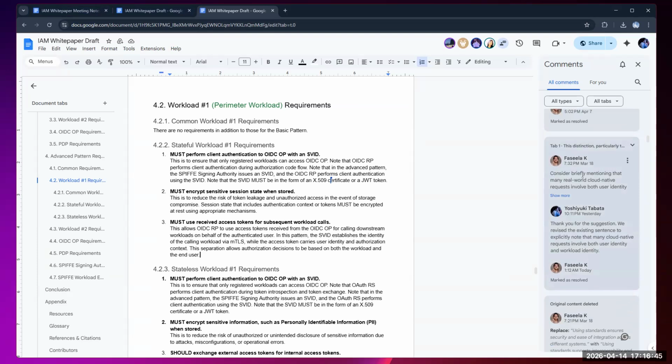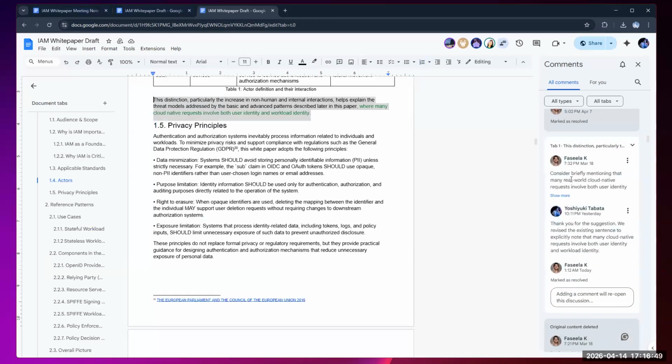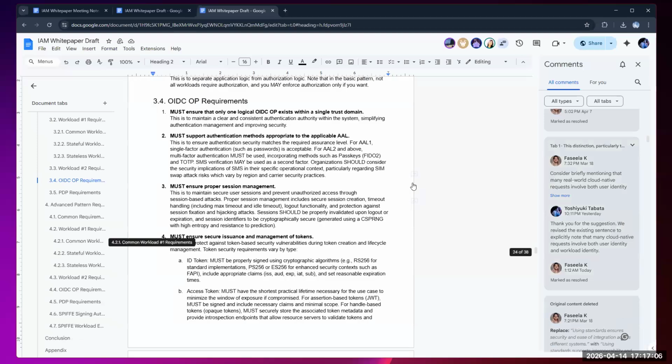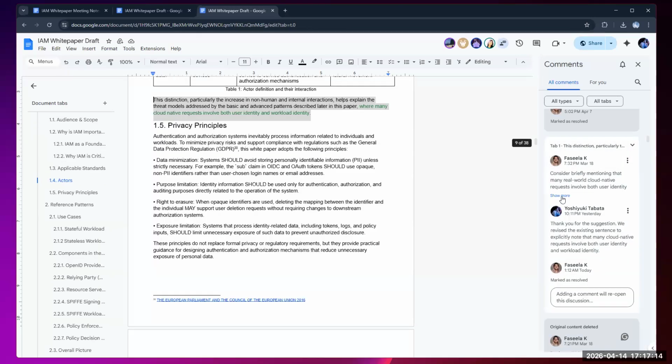Maybe here. If it's regarding the last comment, it's in here, 3.4 OIDC OP requirements. Yes, there's one. It's from Vinod Anandan. There is one more comment regarding here, and I'd like to review this Fasira's comment first. Oh yeah, sure.